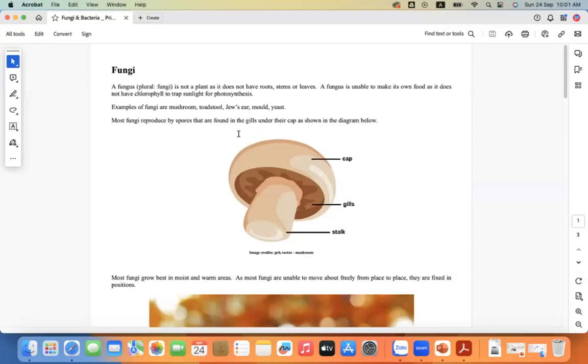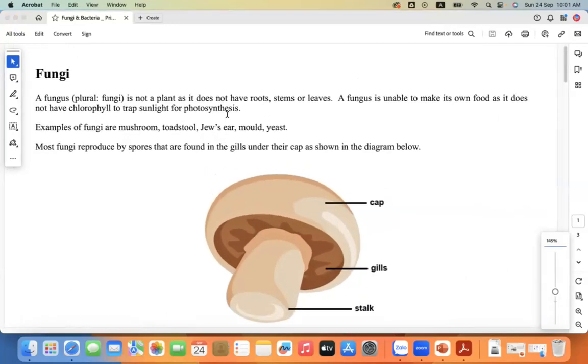Just now we have gone through the PowerPoint slide. Now let me show you what the textbook says. The textbook says that a fungus, plural fungi, is not a plant because it doesn't have roots, stem, or leaves. A fungus is unable to make its own food, as it doesn't have chlorophyll to trap sunlight for photosynthesis.